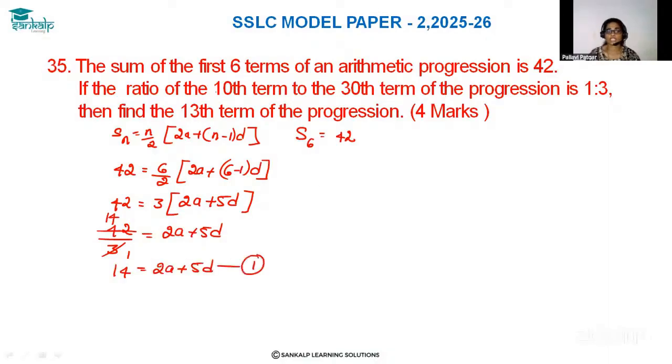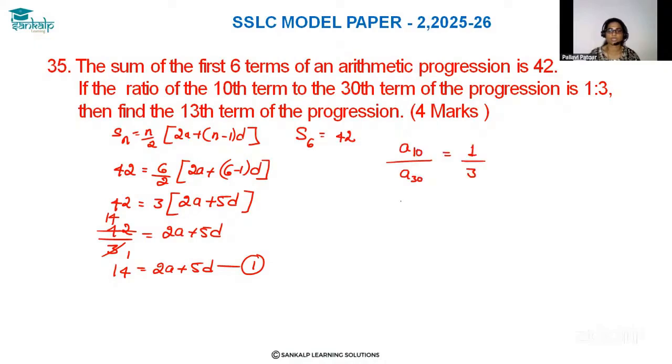Next, it says the ratio of the 10th term to the 30th term of the progression is 1:3. The formula for the nth term of a progression is an is equal to a plus (n minus 1) into d. So a10 divided by a30 is equal to 1/3.